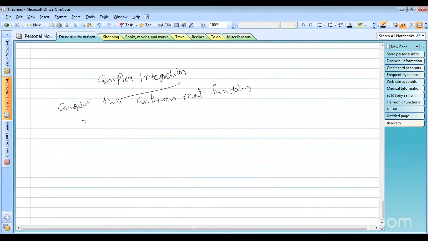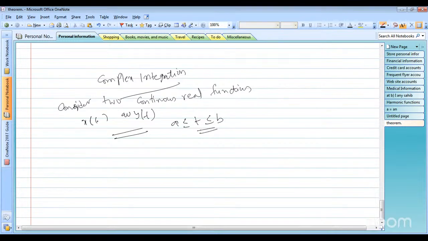Therefore x of t and y of t are functions of a real variable t, ranging over all values in a closed interval, a less than or equal to t less than or equal to b.